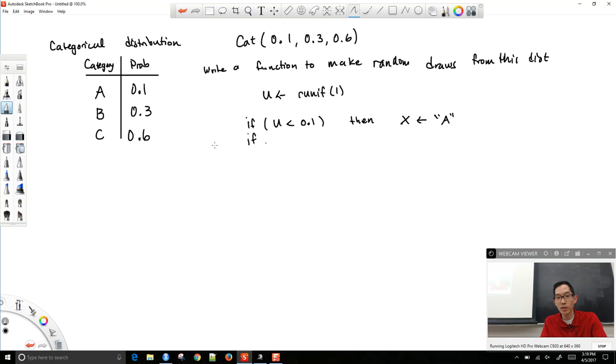And then what's the next if statement? It'll be an else if, and then we'll say u is greater than or equal to 0.1. With an else if it's not necessary to write this, but just to signify it, we'll do this. And u is less than 0.4, that is, 0.1 plus 0.3.